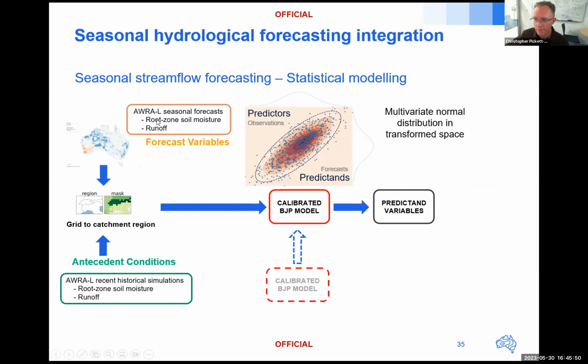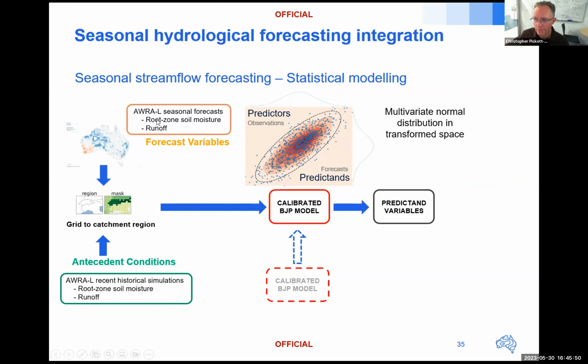And that allows you to make a correction based on the input forecast to generate reliable and skillful forecasts of seasonal streamflow.